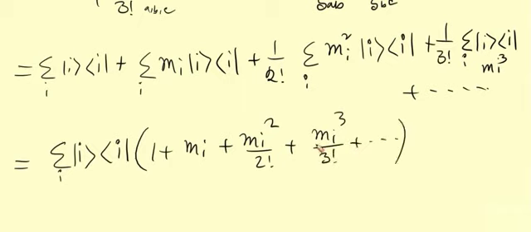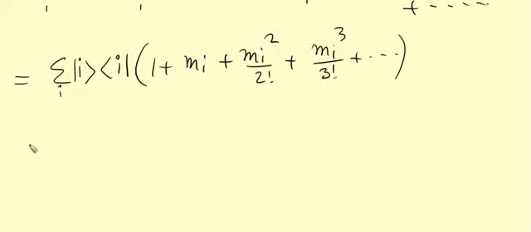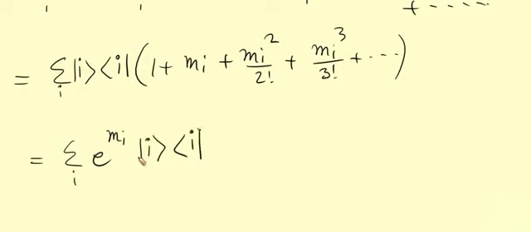Again, this is the exponential pattern. So what does this mean? This means that this is just e to the power M_i, I. Yeah, this is exactly it.